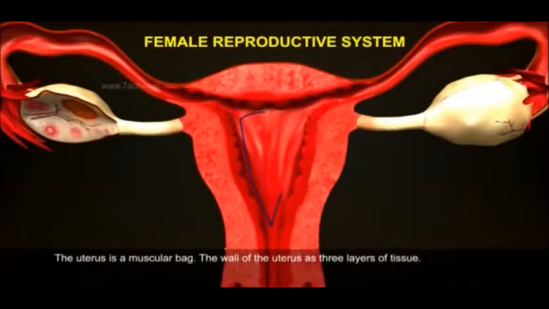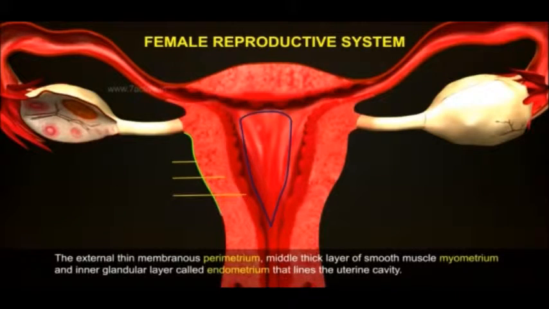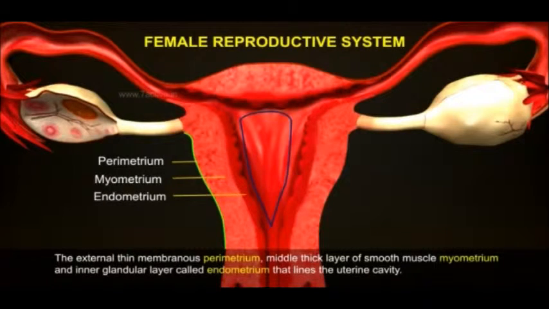The uterus is a muscular bag. The wall of the uterus has 3 layers of tissue: the external thin membranous perimetrium, the middle thick layer of smooth muscle, myometrium, and the inner glandular layer called endometrium that lines the uterine cavity.